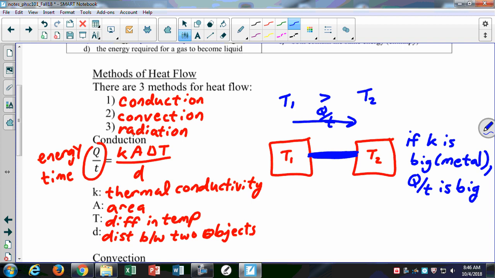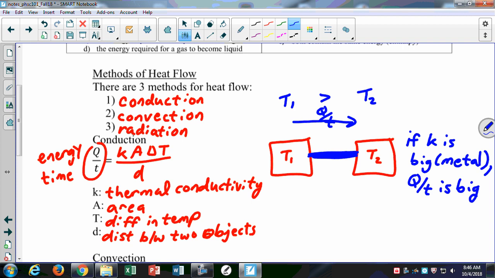Likewise, if the area of that bar is small, like a thin piece of copper wire, not much energy transfer. There's just not enough material there to transfer the energy. But if I have a big old honking piece of copper wire, or a big copper pipe in between the two, then I'll get more energy transfer.